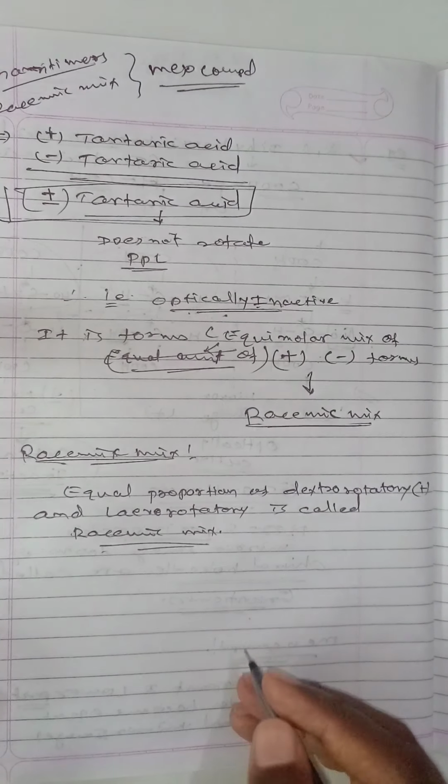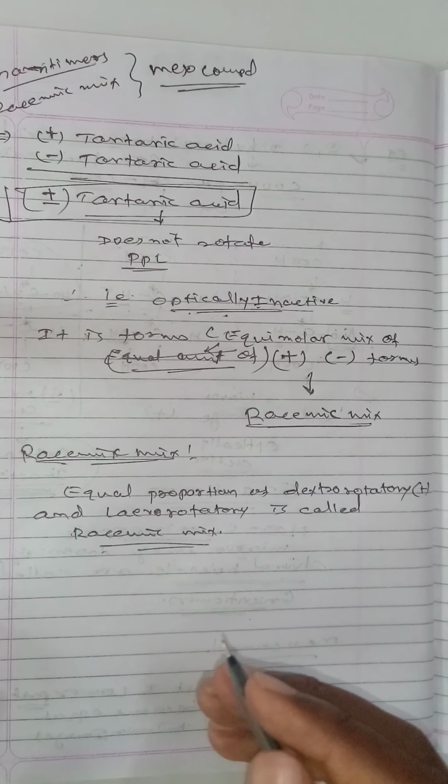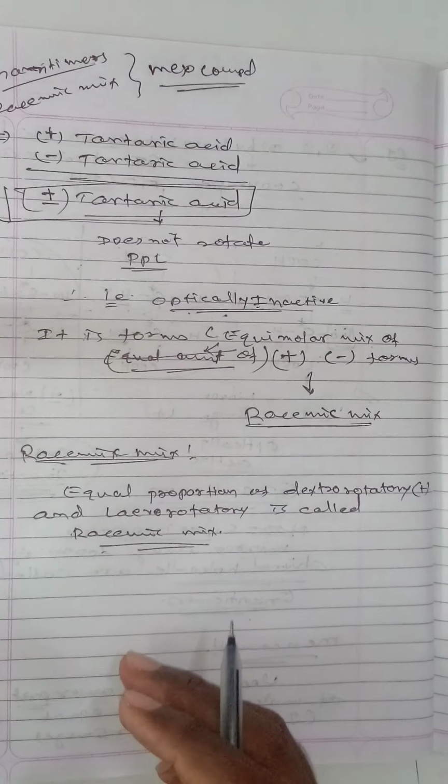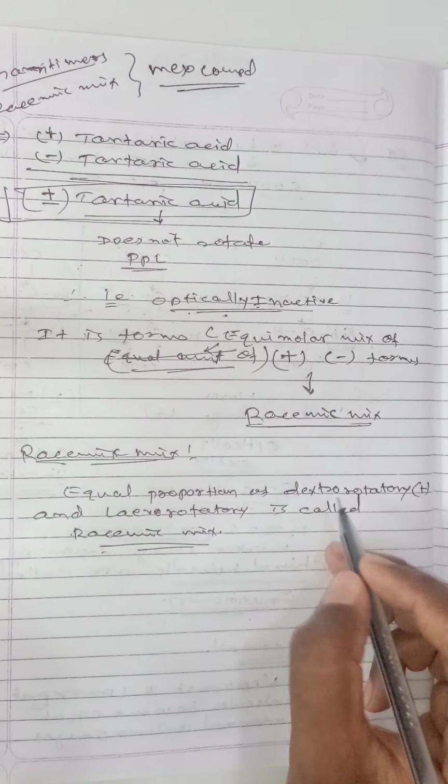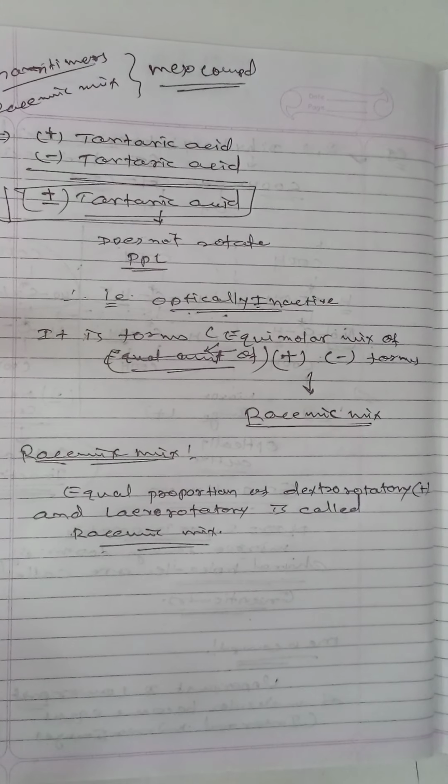Or in other words, a mixture of equal amounts of two enantiomers is called a racemic mixture.